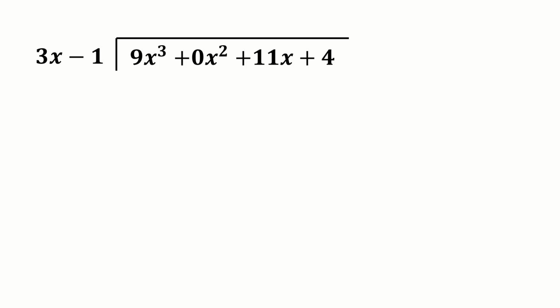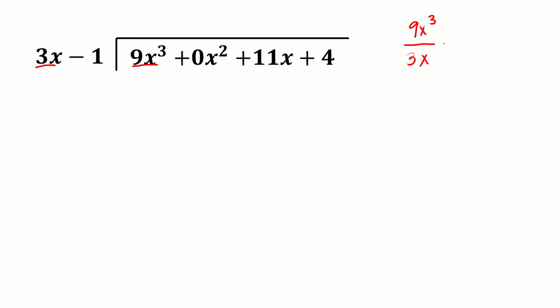The same process pa rin. Divide the first term of the dividend and the first term of the divisor. So that is 9x cubed divided by 3x. So again, we will have 9x cubed over 3x.